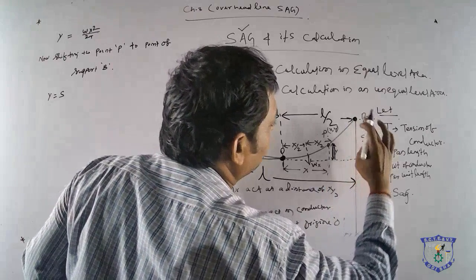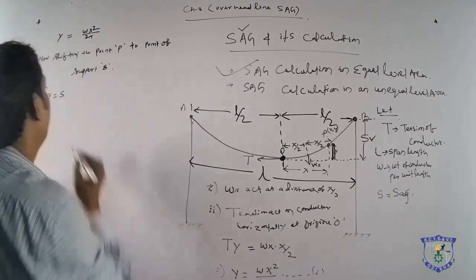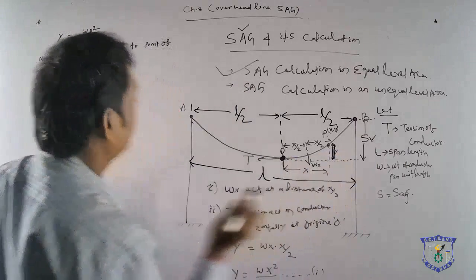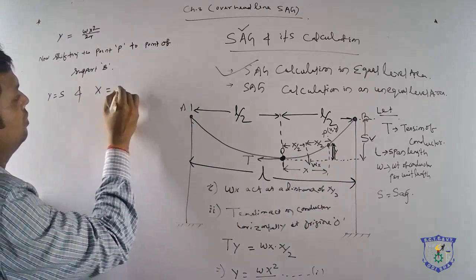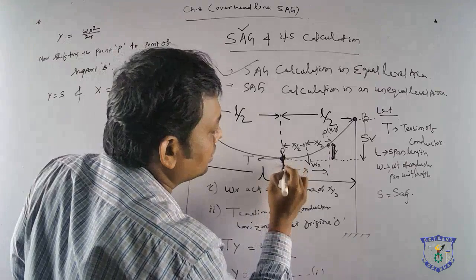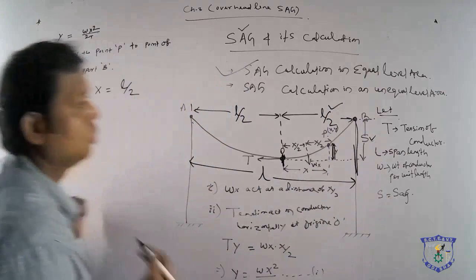So the distance OB is nothing but the sag S, and the horizontal distance x equals L by 2. That means the horizontal distance between O and B is L by 2.